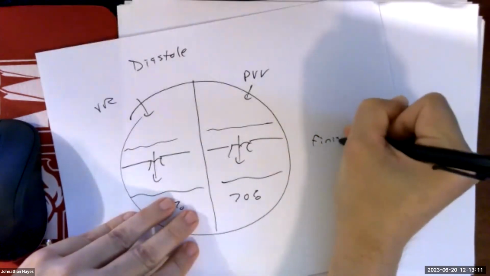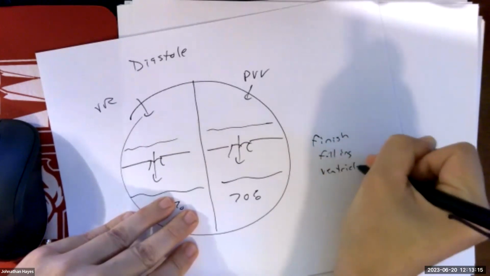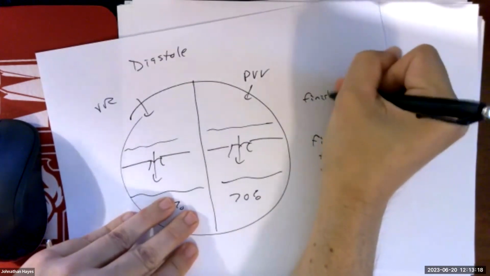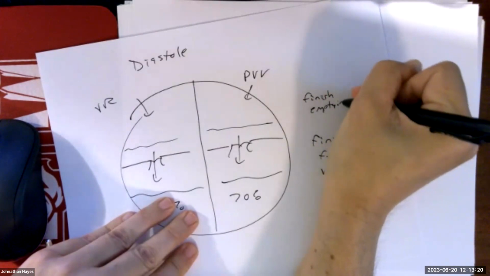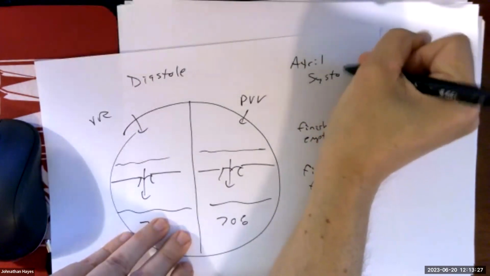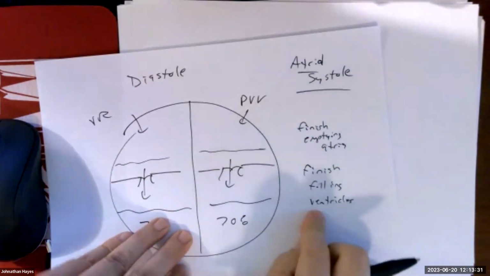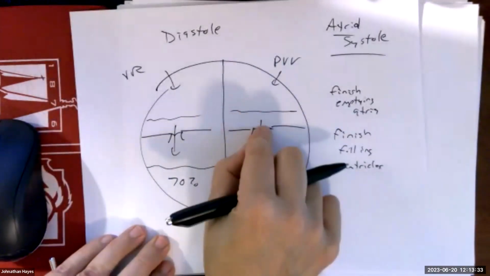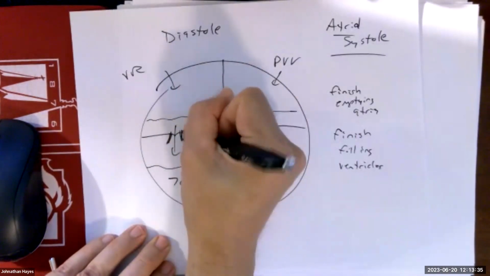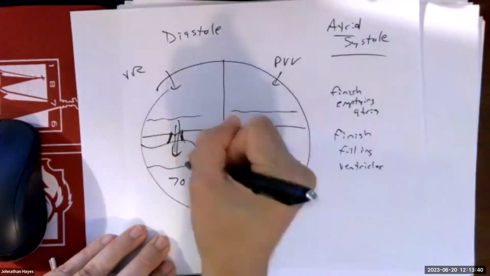So in order to finish filling the ventricles, or you could say finish emptying the atria, then we need to go through atrial systole. So what is atrial systole going to do? Finish emptying the atria, finish filling the ventricles. So that's going to compress this blood, forcing that valve back open again. The last 30% is going to now come in, which is going to fill this thing up to 100%.